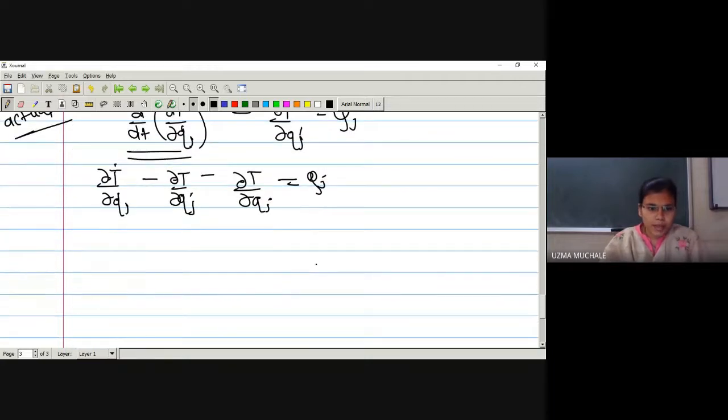So let me simplify. This is dou t dot by dou qj dot minus dou t by dou qj, this is also dou t by dou qj. We can write it as 2 times dou t by dou qj is equal to capital Qj, and hence the proof.